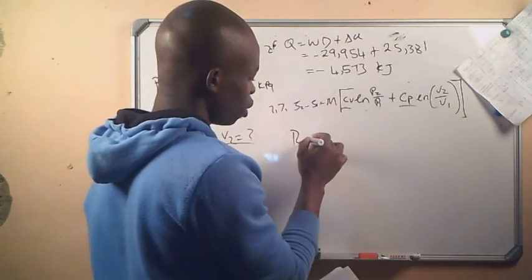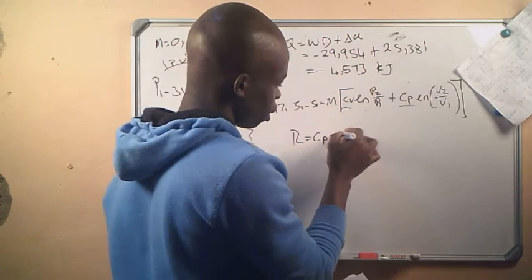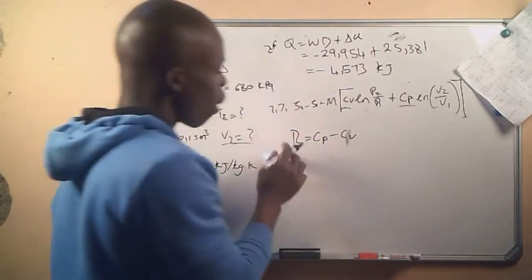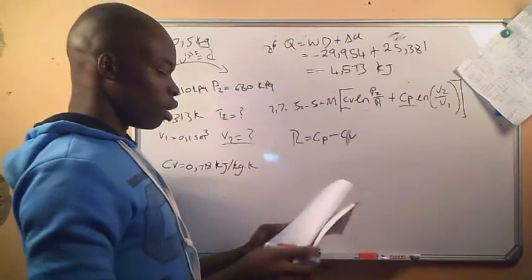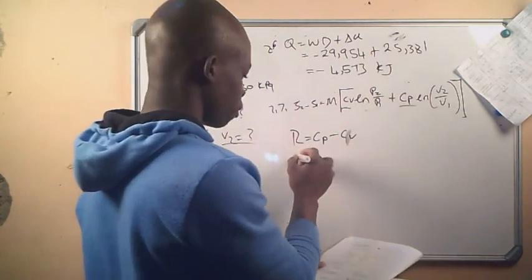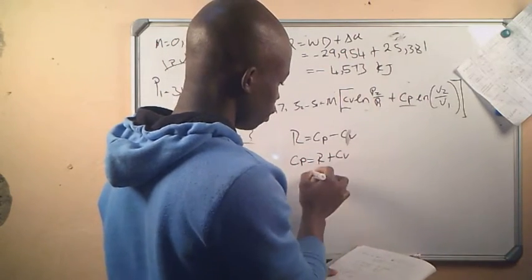We know Cp, we can get it using this formula, Cp minus Cv equals R. Our R we calculated in the first question, and then we got a value. So first let's make Cp the subject of the formula, then Cp equals R plus Cv.